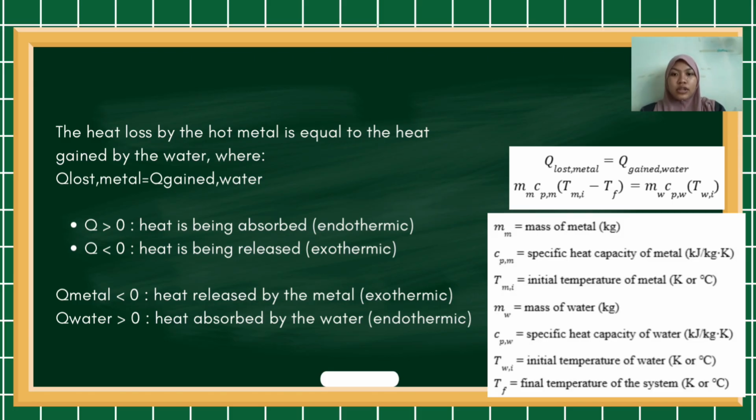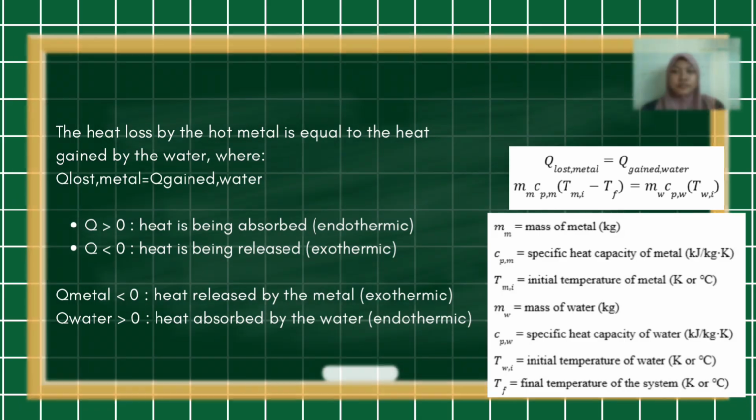So the formula is Q lost metal equal to Q gain water, which is m metal times Cp metal times (T metal initial minus T final) equals m water times Cp water times (T water final minus T water initial).